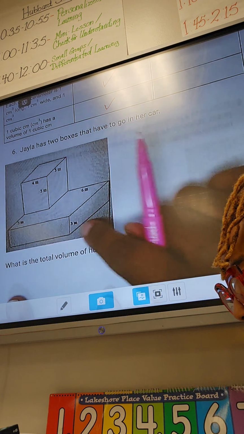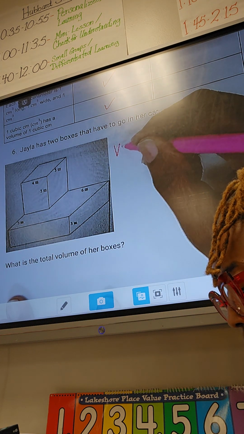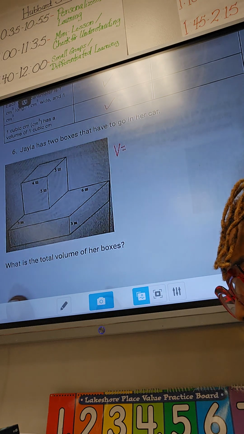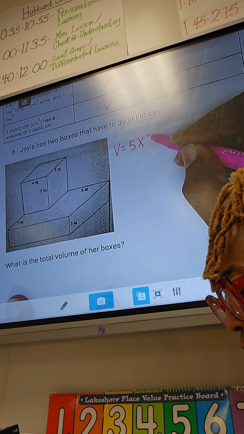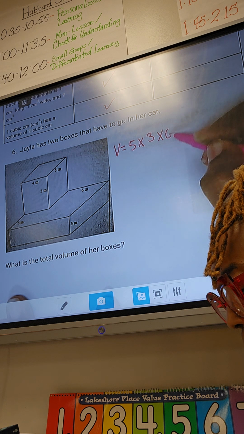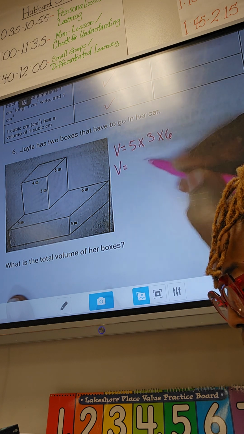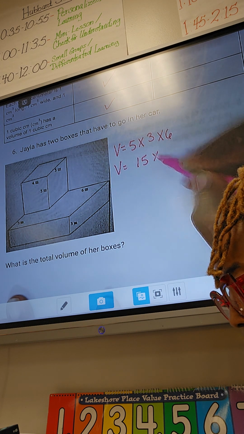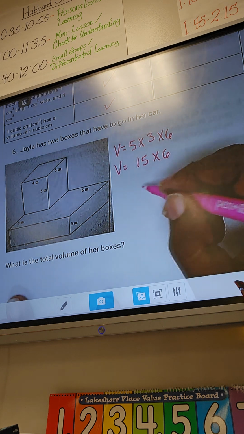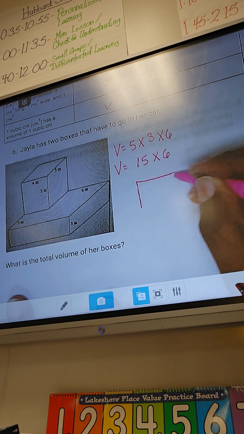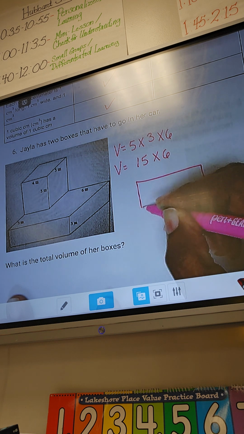So we're going to do the volume of the bottom and then the volume of the top. Volume equals 5 times 3 times 6. Therefore, volume equals 15 times 6. This is a pretty big number, so you're going to want to use your area model to solve.